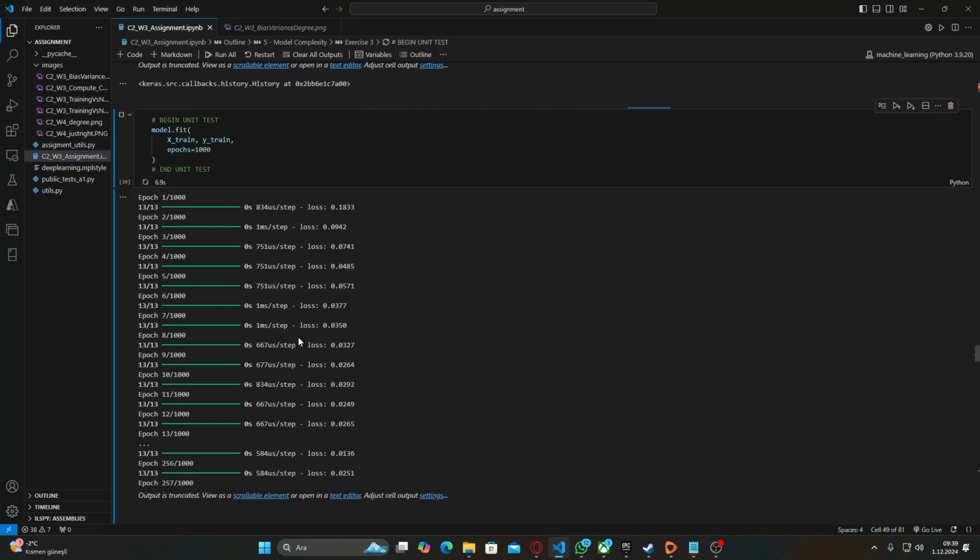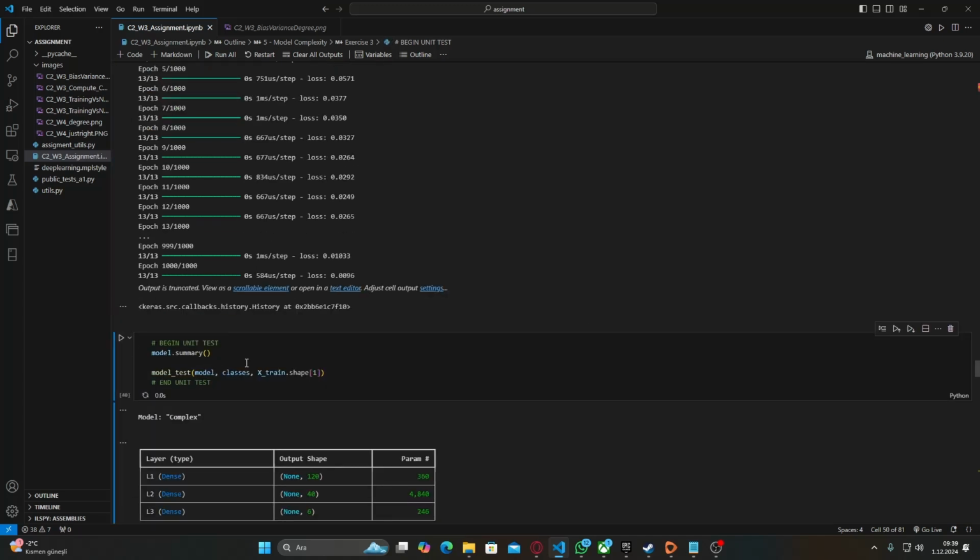It will take time. That might be taking so much time actually. It's just running and stopping. That's why we are already at 800, 900 epochs now. And in the thousands in here, let me run the unit test, model complex.